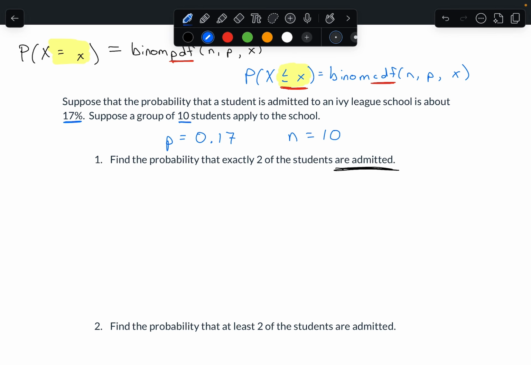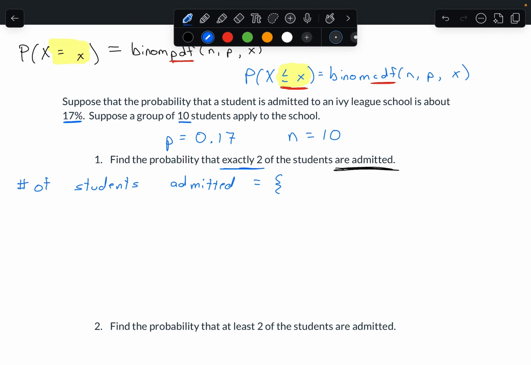So let's take a look at number 1 here. It says find the probability that exactly 2 of the students are admitted. So here we're talking about exactly one scenario where I have 2 students that are admitted. And if you need to, you can take a second, and this will be particularly helpful in the next problems, to list out the number of students admitted and think about what the sample space looks like.